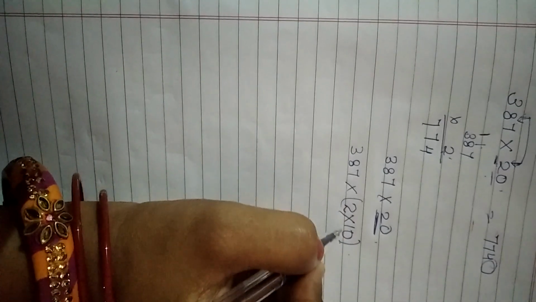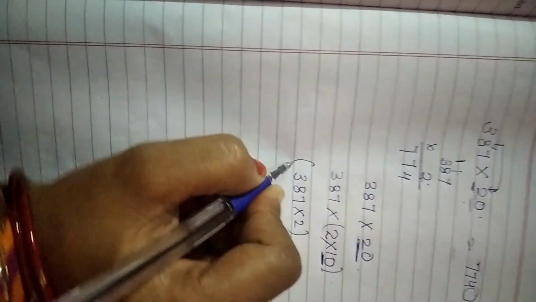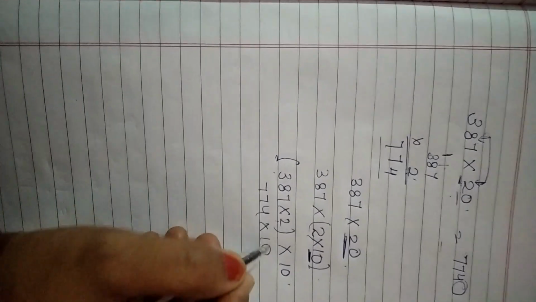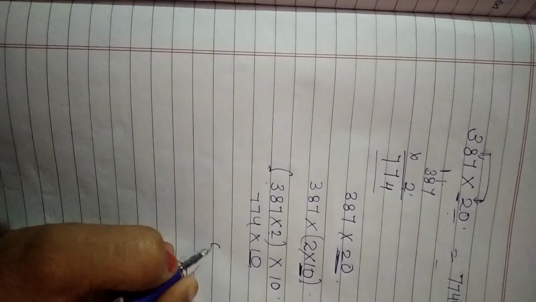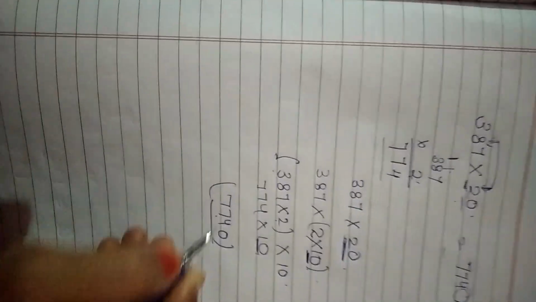So now what we have to do? We have to remove the zero factors. So we'll take the non-zero as common and we'll keep 10 as a separate number. So 387 into 2 gives us 774, as we had done already, into 10. Now it's easy. 10 means 10. This into 1 gives us 774, so this comes as your answer.